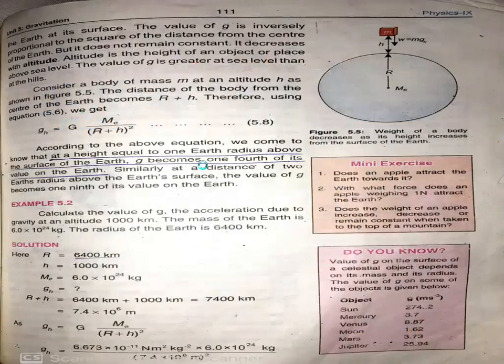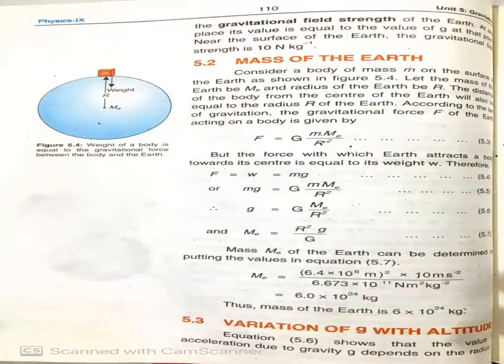This is on page number 110. If you open your ninth class textbook, you will find this topic 5.2, mass of the earth. Consider a body of mass m on the surface of the earth as shown in figure 5.4.